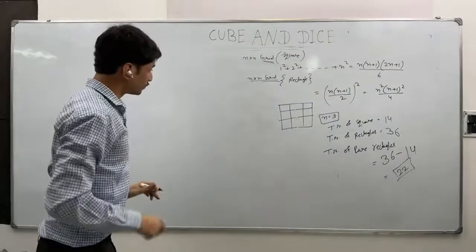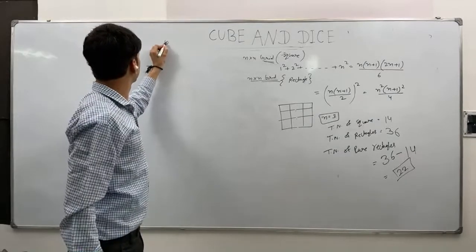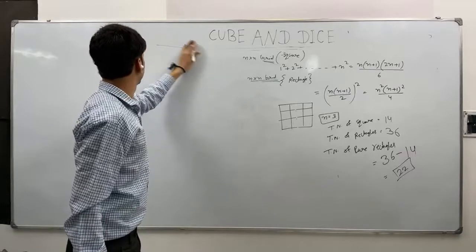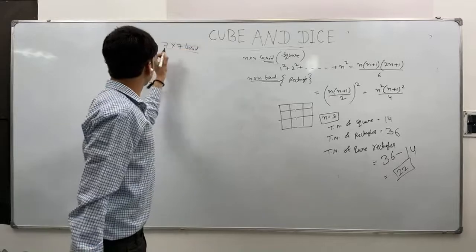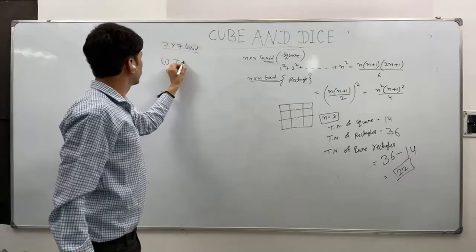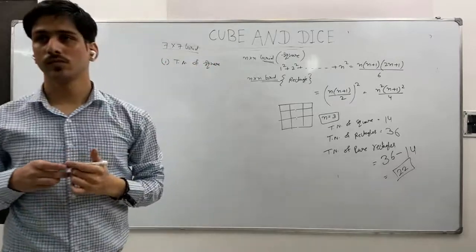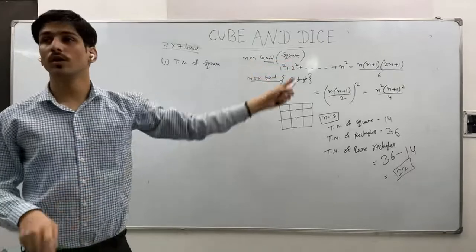Now my next question. Let's try to solve this in a 10 cross 10 grid, or let's say you make it a 7 cross 7 grid. In this first question, try to find the total number of squares. You are given a 7 cross 7 grid. What will the total number of squares be? Apply the formula.